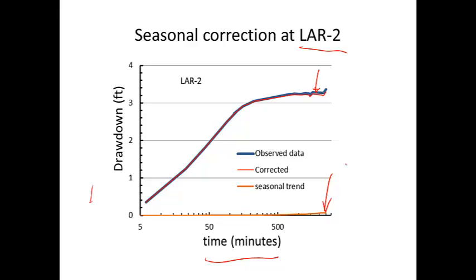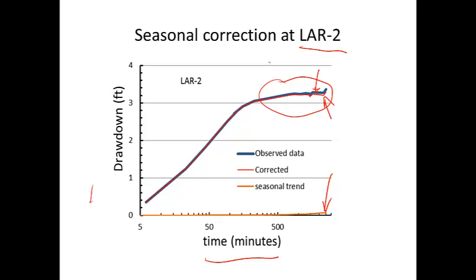And you can see that the seasonal trend shows up on the plot, but it's just showing up as a very small amount compared to the observed trend at LAR2. When I subtracted them, I got this red line, and you can see over here the difference, but the difference is quite small, and this amount of difference for this particular test won't really affect our interpretation.